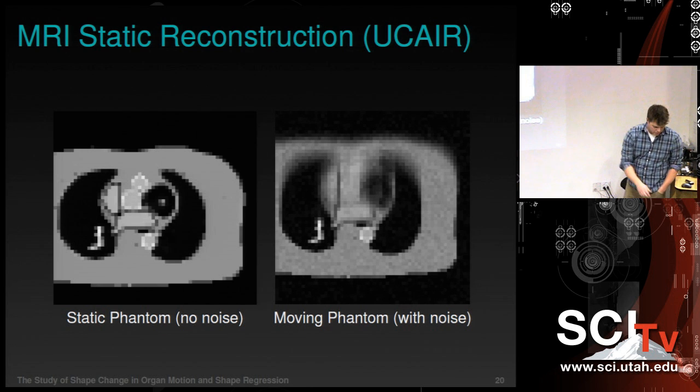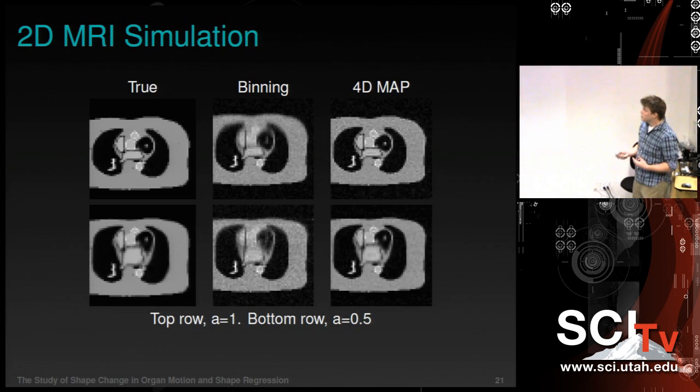But what you're seeing here is a 2D simulated MRI. It's a 2D phantom with some simulated motion and noise added. And this is a torso that's simulated to be breathing. We see this blurring artifact when we just apply a standard IFFT static reconstruction. We can also retrospectively bin this data just like we would the CT data to try to get a bit better image quality.